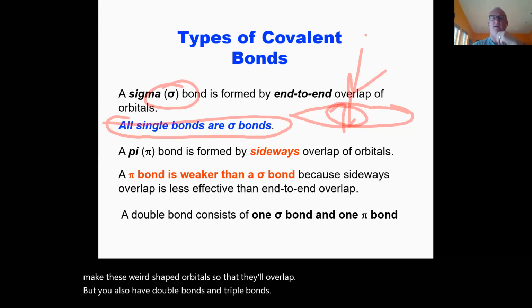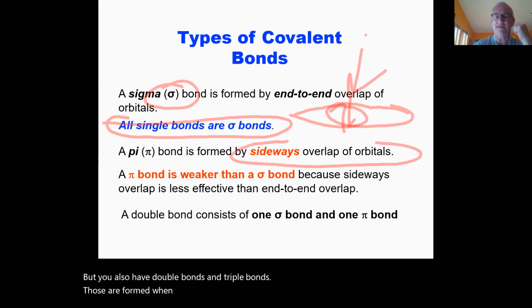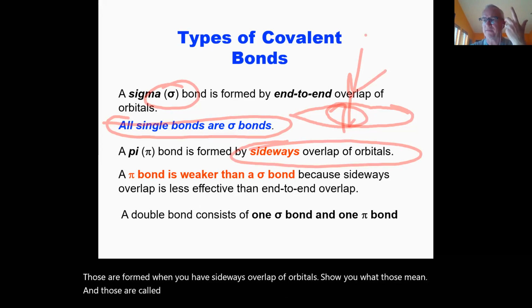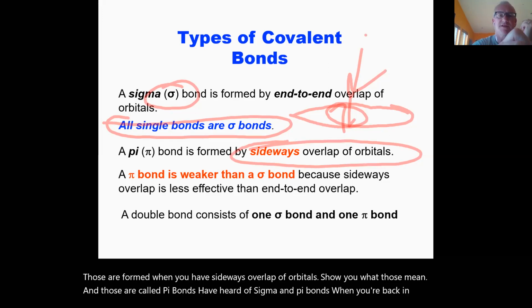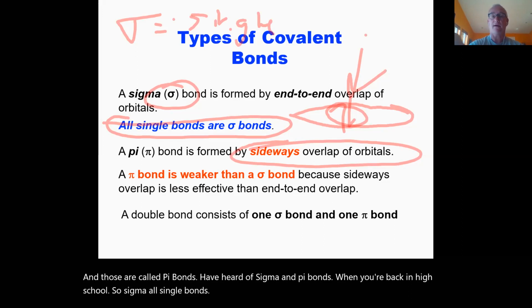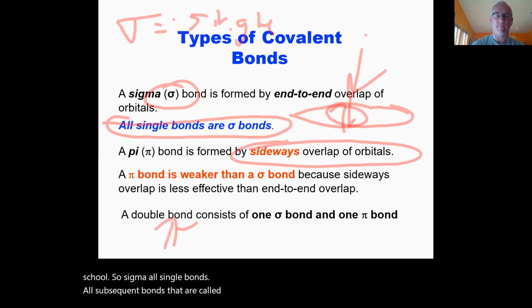Those are formed when you have sideways overlap of orbitals, and I'll show you what those mean. Those are called pi bonds. You may have heard of sigma and pi bonds back in high school. So sigma is all single bonds, and all subsequent bonds to that are called pi bonds.